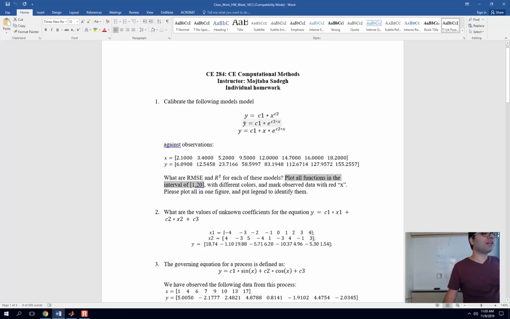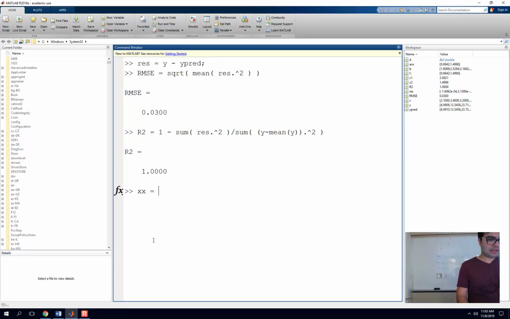If you want to plot this function between 1 and 20, you already have c1, you already have c2. X is equal to linear space of 1 and 20. Y is equal to c1 times x dot to the power of c2. Plot x comma y.